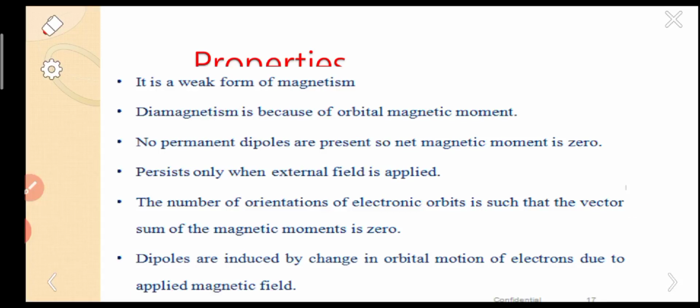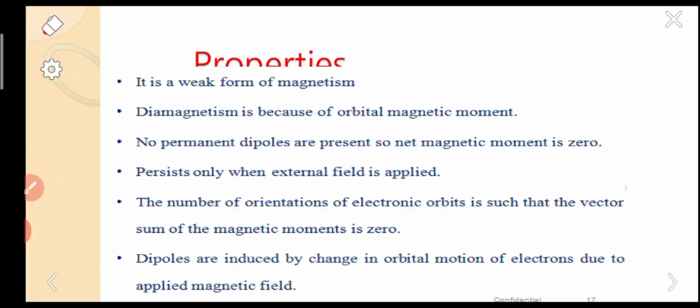The orientations of electronic orbits are such that the vector sum of the magnetic moments is 0. So here the electrons in the orbits, if we take the net magnetic moment, the net magnetic moment is 0.